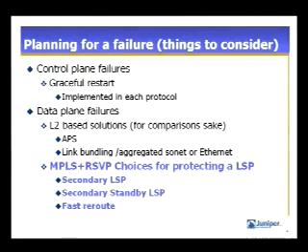These can be addressed with different types of technologies. For example, control plane failures can be addressed with something like graceful restart implemented per protocol. Data plane failures can be addressed with various layer 2 solutions like APS, link bundling, aggregated links, and so forth. If that network is also running an MPLS cloud, you can then take advantage of secondary LSPs and fast reroute.